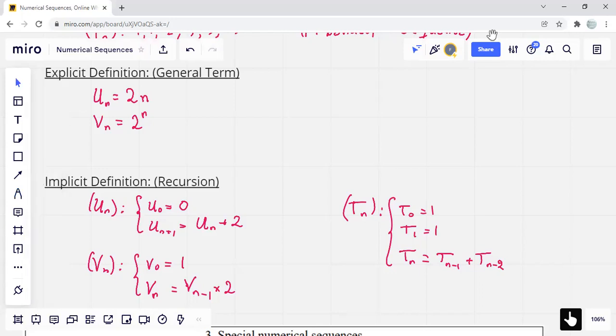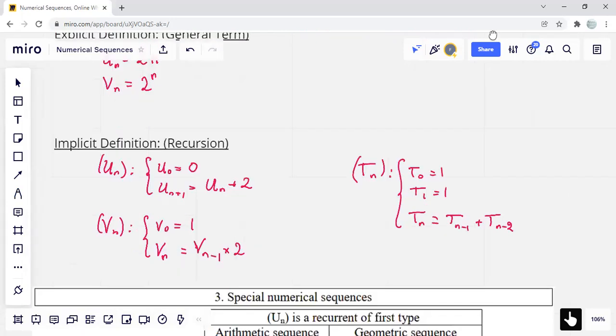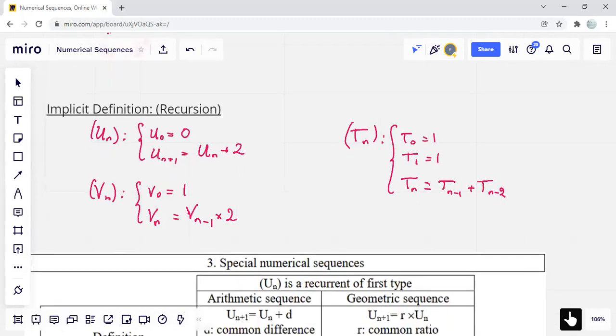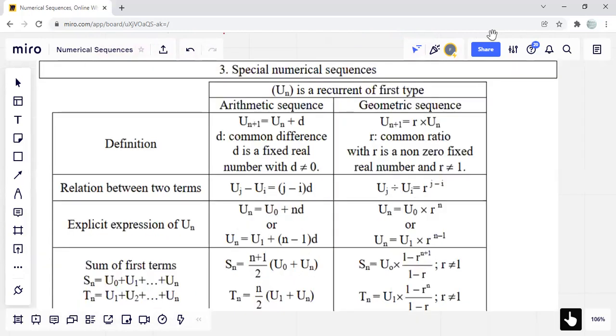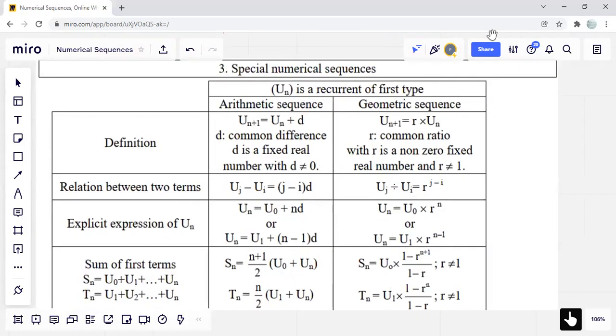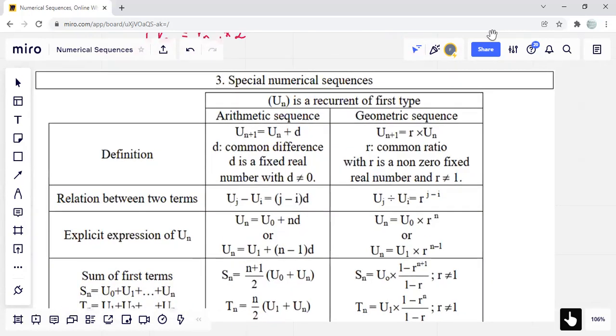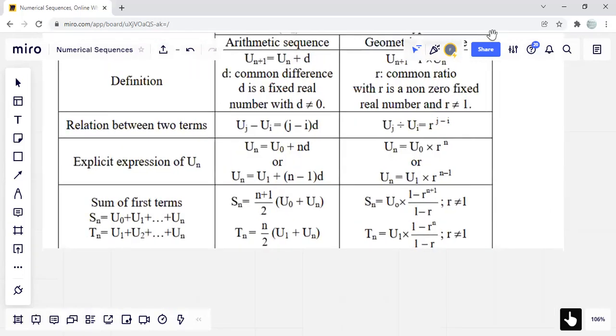We also learned about special numerical sequences, which are arithmetic and geometric sequences. Arithmetic sequences are sequences where we add a constant term. Let's take an example.